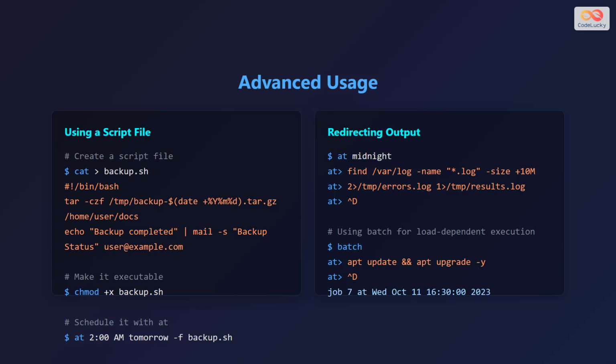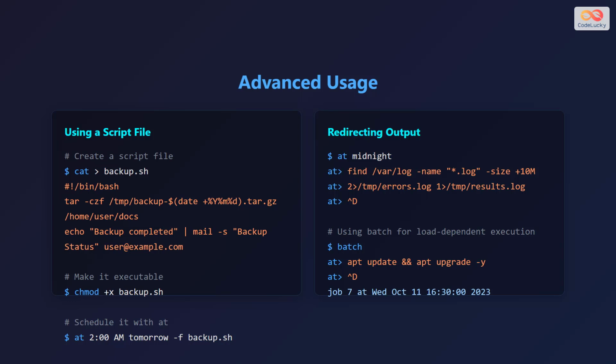Write the next command as echo "backup completed" pipe to mail -s "backup status" user@example.com. Next, make the script executable by using the command chmod +x backup.sh. Then, schedule it with the at command using at 2:00 am tomorrow -f backup.sh.